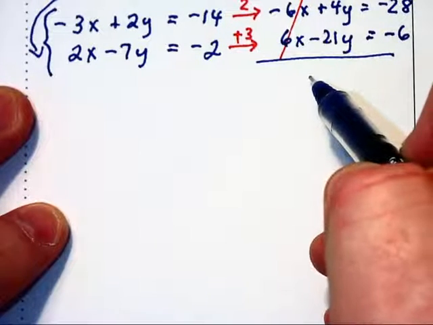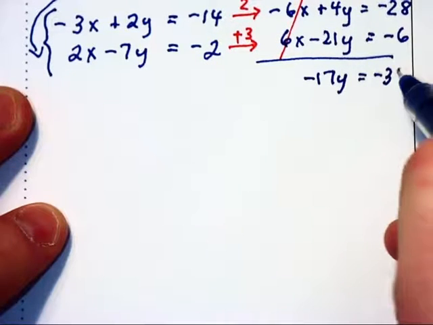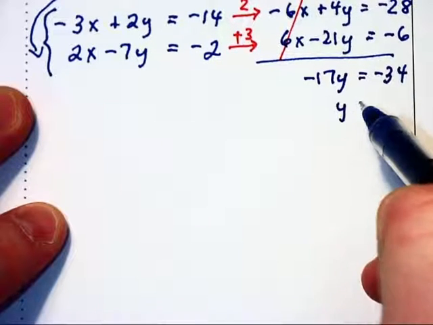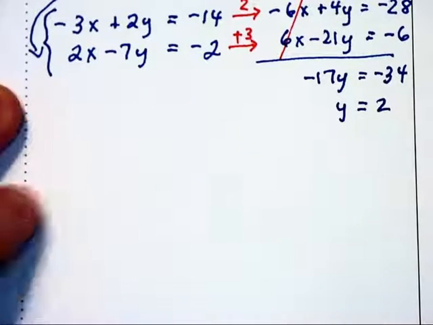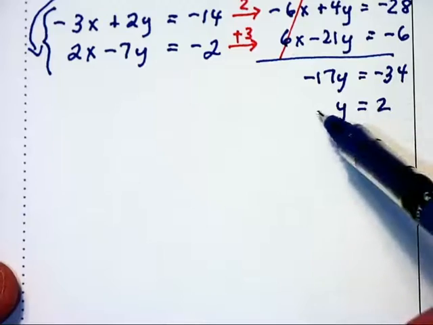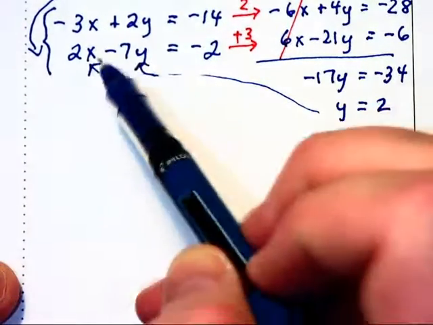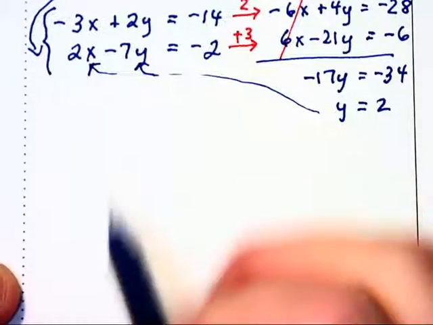Now, adding down, we have negative 17y equals negative 34, and we can easily see that y is equal to 2. Now we need to go back and solve for x, and I think the easiest place to substitute in would be right here, so we can solve for that x with the 2 in front.